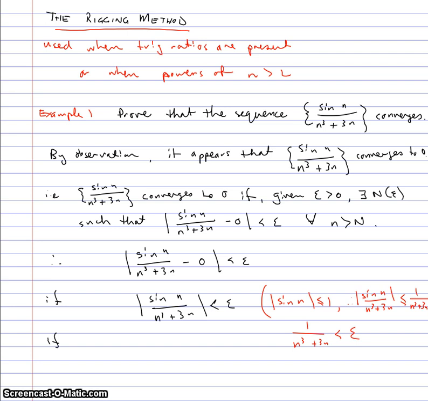Okay, so if we can prove that 1 over n cubed plus 3n is less than epsilon, then we know that our previous statement of sine n over n cubed plus 3n also will be less than epsilon. So we just need to prove this latter statement now, and that gets rid of our problem of having sine there.